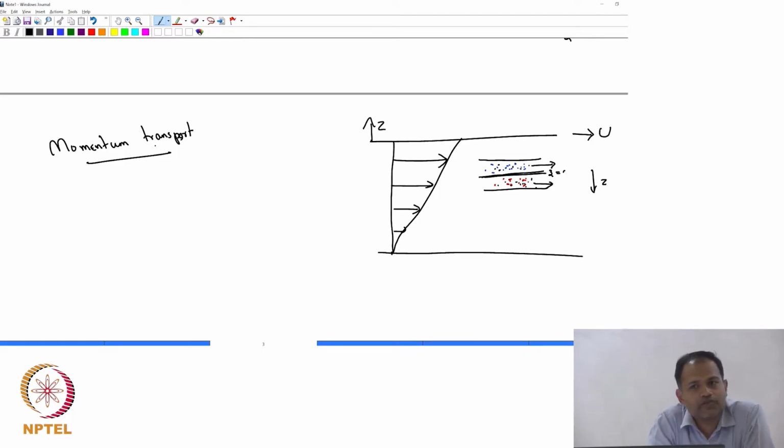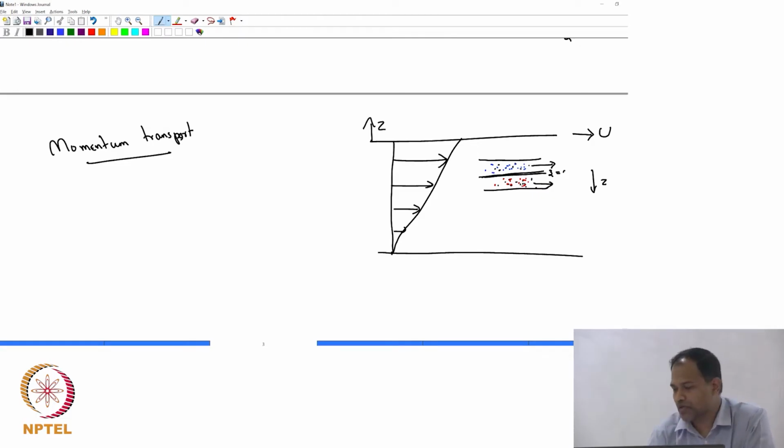Even though there was no net velocity in the z direction, the random components or the fluctuating velocity that the molecules have is sufficient to carry the momentum from one layer to another layer. So, that is the molecular mechanism of momentum transport.